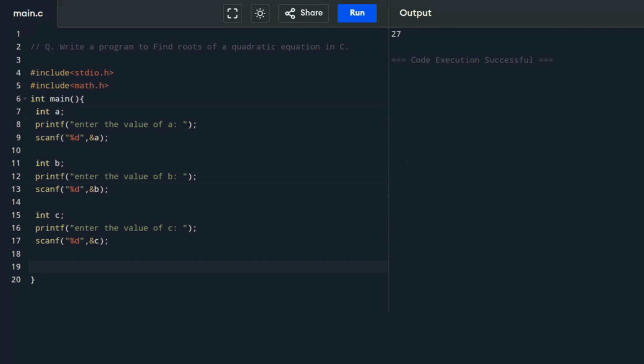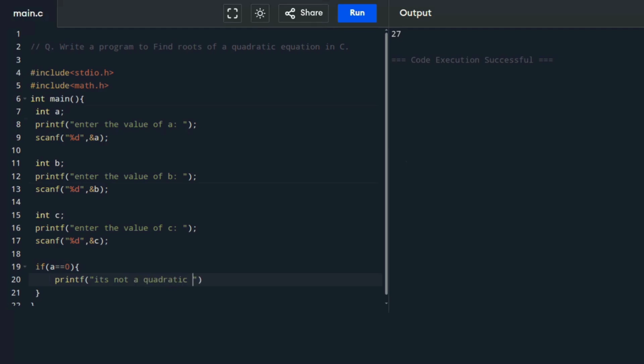So if a is equal to 0, printf it's not a quadratic equation, else it will be a linear equation.